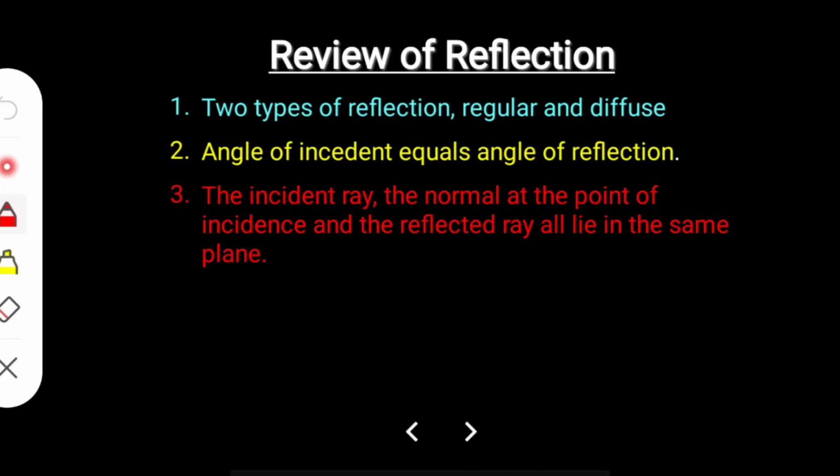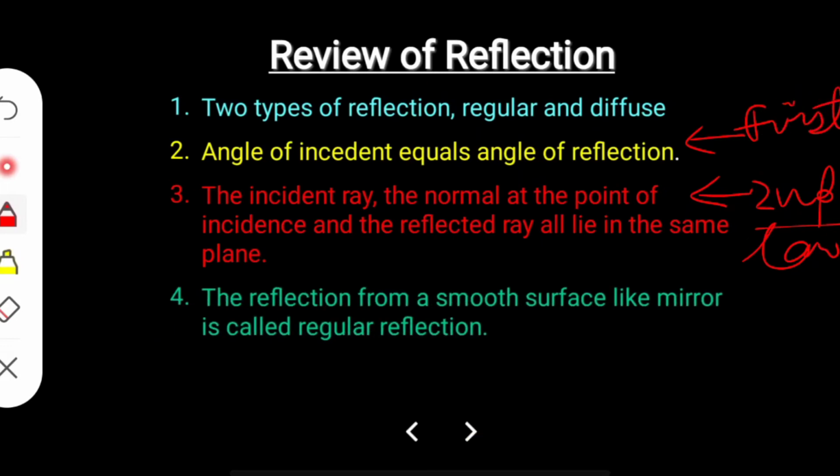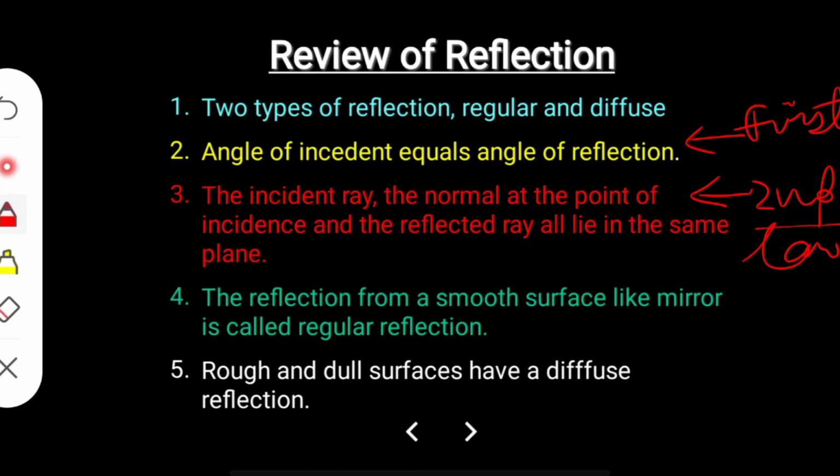This is called the second law of reflection, and this one is the first law of reflection. Next, the reflection from a smooth surface like a mirror is called regular reflection, and a rough and dull surface has diffuse reflection.